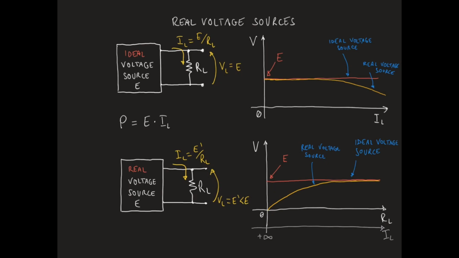This means that in the case of the ideal voltage source, as the resistor RL approaches zero, the power provided by the voltage source goes to infinity. On the other hand, the power dissipated in the resistor can be written as the voltage across the resistor squared divided by the resistance, which also goes to infinity as RL goes to zero.